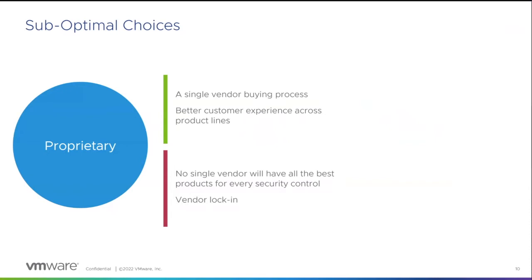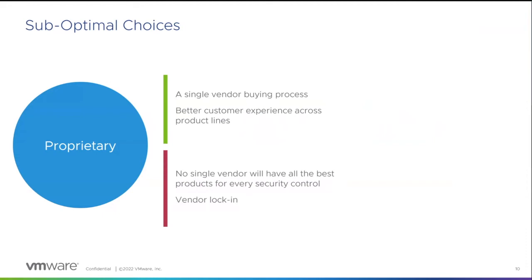So if you put yourself into the shoes of an XDR buyer today, we think that there are two choices, both of which are sort of suboptimal: proprietary versus SIEM. So I'm going to just share a little bit on what we see as the pros and cons of each of these.